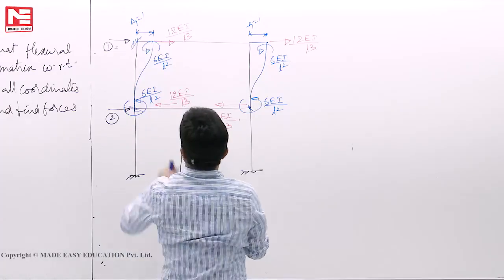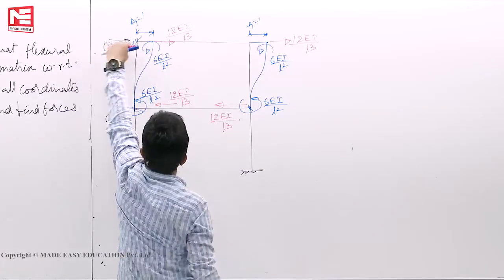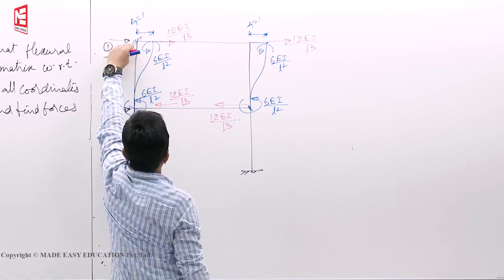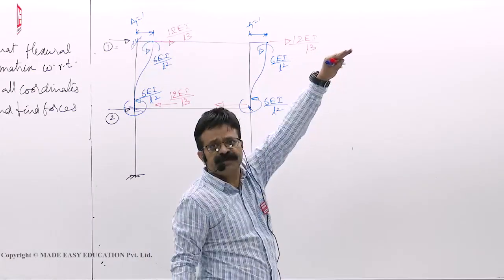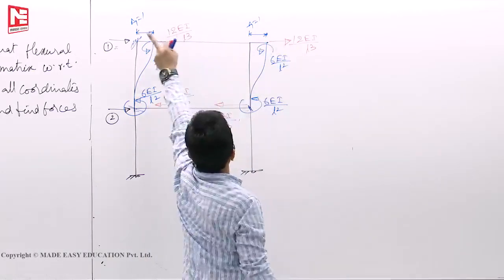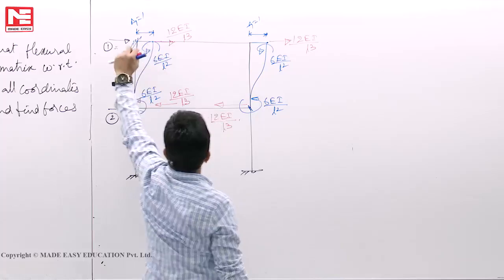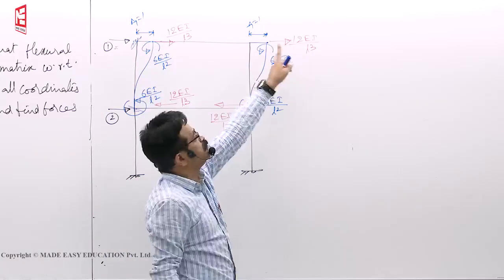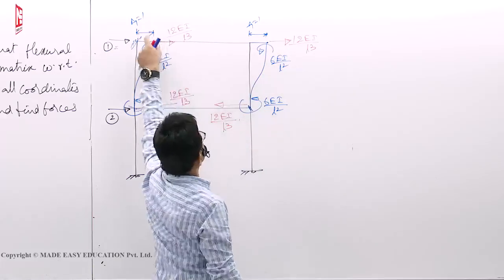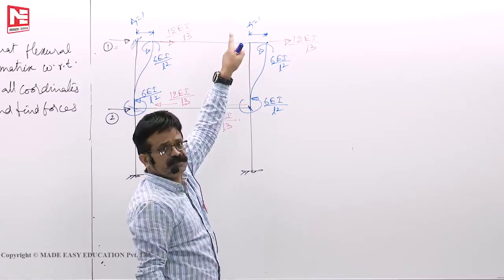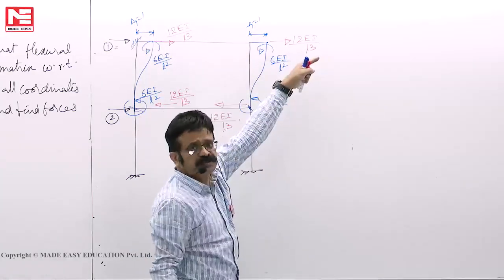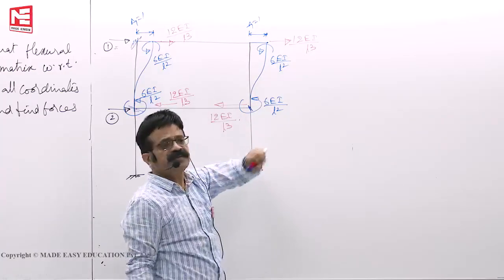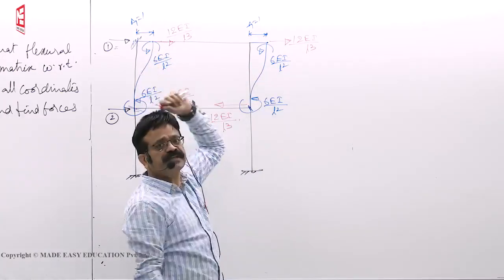Now you see K11 means at coordinate 1, what is the force developed because of the unit displacement? When I am pushing it here, this also will get pushed. Without this being pushed, this alone cannot move right side. That means you have to add this force also, otherwise this fellow will not move. If this fellow doesn't move, this fellow also can't move.